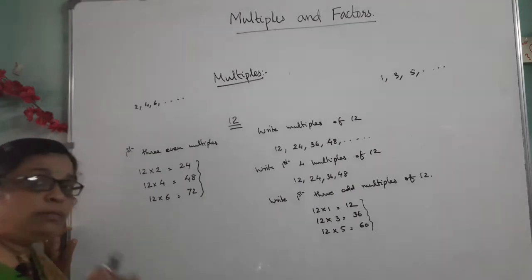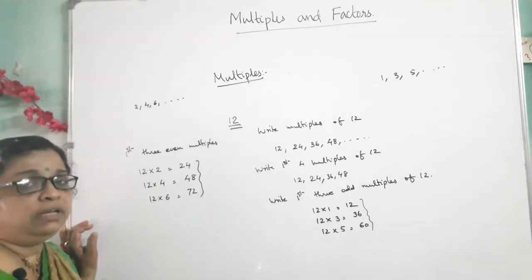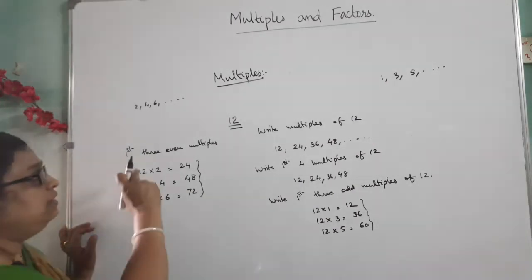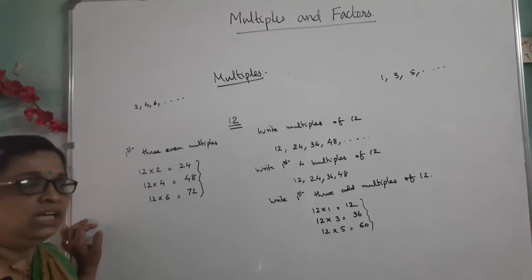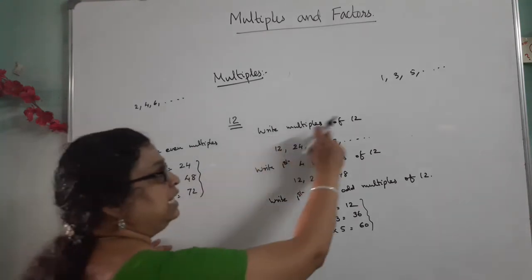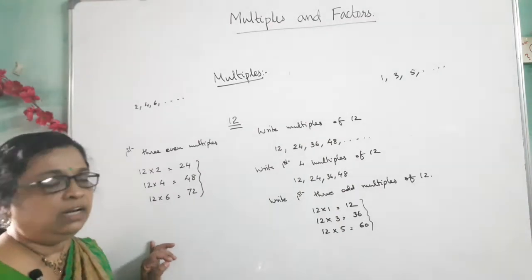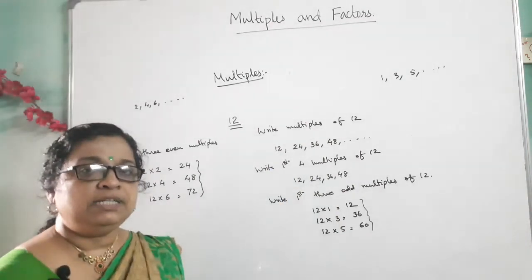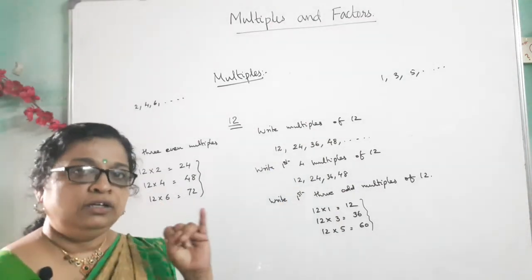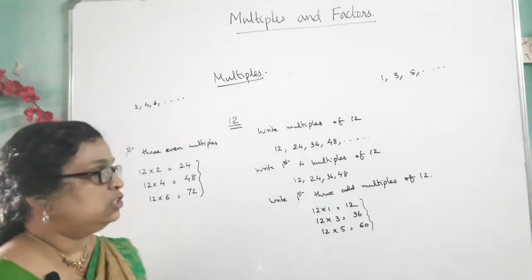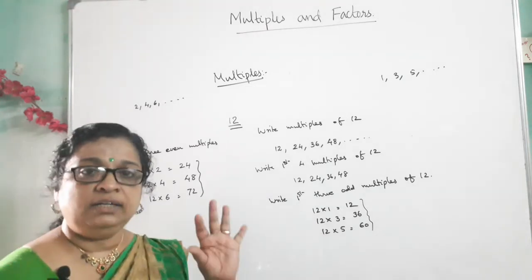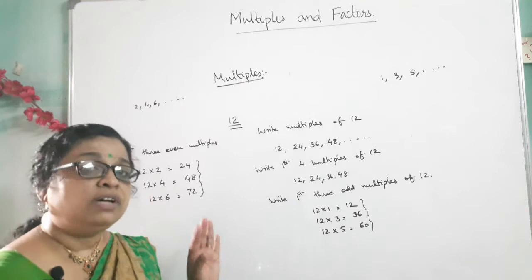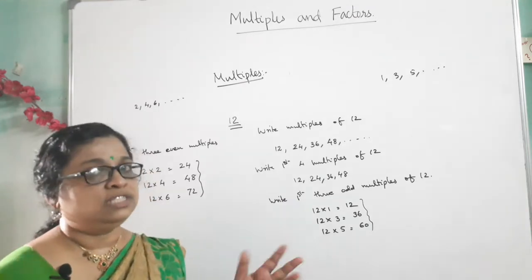Odd multiples is asking you to multiply with the odd numbers only, and even multiples means multiplying with the even numbers only. Generally multiples means multiplying with 1, 2, 3, that way it is going. First odd multiples, 1, 3, 5. First even multiples, 2, 4, 6, that way.